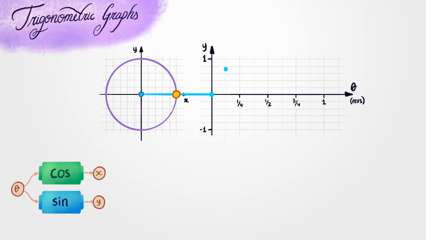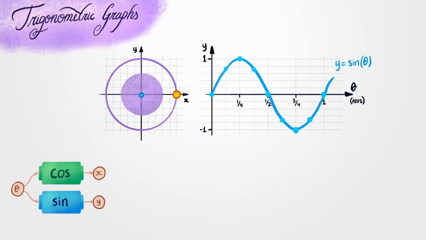Now I'll move through every 1/8 of a revolution and plot its corresponding y value. If we go ahead and join all of these points with a smooth line, we will have the graph of the sine of theta.